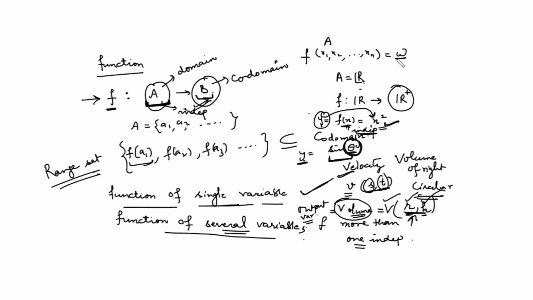So we will say this W depends on each input variable, which is independent, x1, x2 up to xn. So W depends on these n independent variables, and this function is said to be a function of several variables. Our function should be defined first of all. Now just see with the help of examples what the domain sets and range sets are.